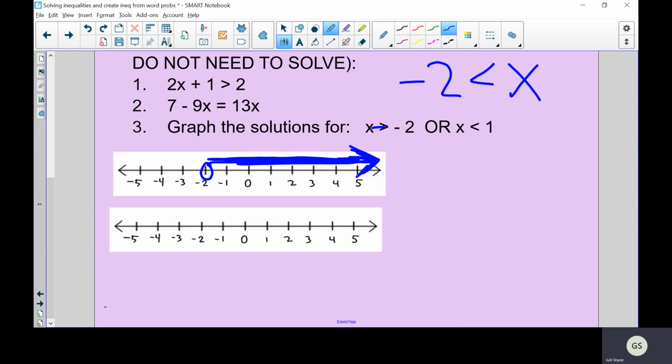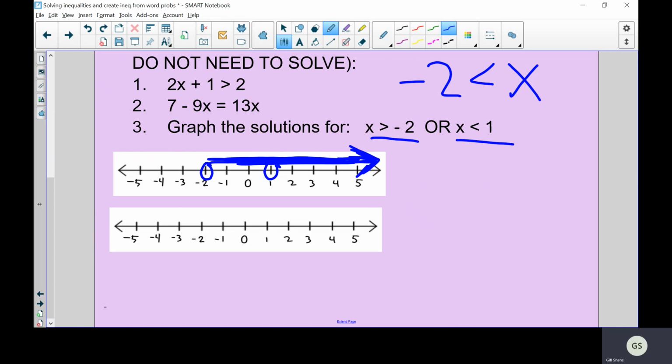All right, so we did the first one. We did this one now on the graph. On this same graph, not on the bottom graph, on the same graph, we now need to graph this second inequality. Same process. Put a circle on the 1.